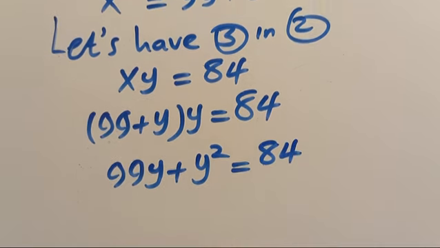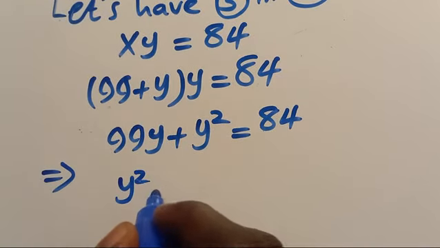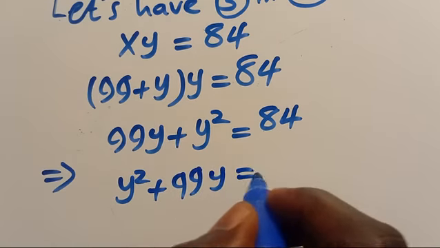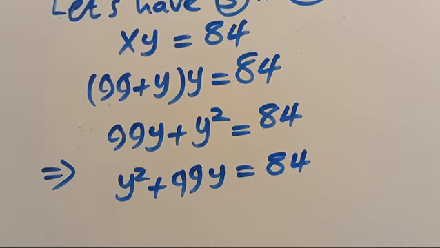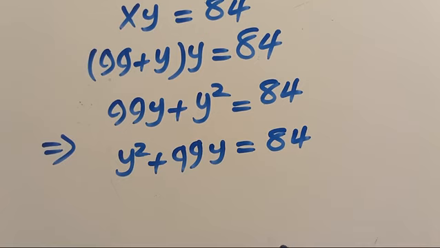Then let's rearrange this expression. So we are going to have y squared plus 99y equals 84. Setting this to be 0, let's subtract 84.